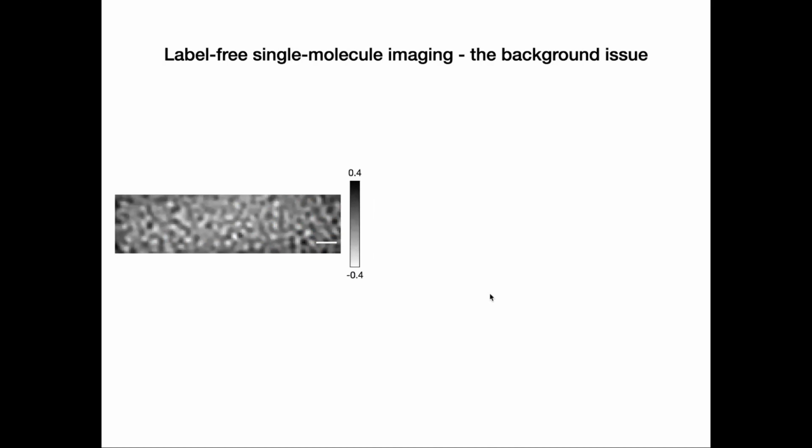Basically, all things scatter light, and therefore if you look through a mass photometer at the glass surface itself, you see mostly the pattern of the glass surface roughness, which has approximately 100-fold stronger signal than the proteins themselves.